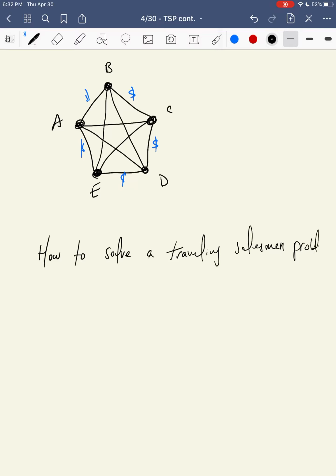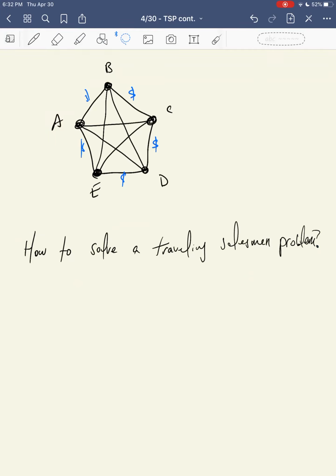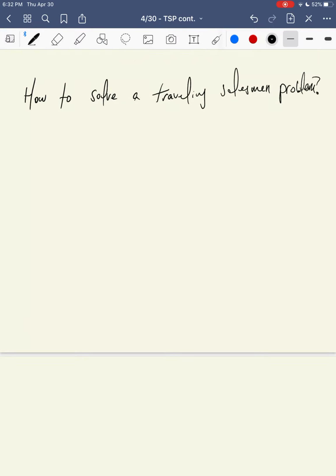I'll warn you, it's not easy. There's a reason why this is included in your course. It's because it's still an open problem. So we're looking for really efficient algorithms for solving this, and we are not finding very many. So we need an algorithm.